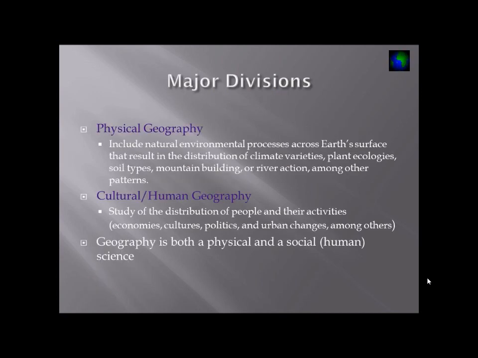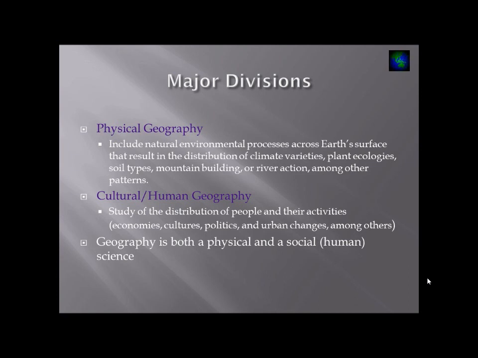Geography is divided into two major divisions: physical geography, which includes study of the natural environmental processes across the Earth's surface. It looks at fluvial geomorphology, climatology, mountain building, plate tectonics, those sort of things.